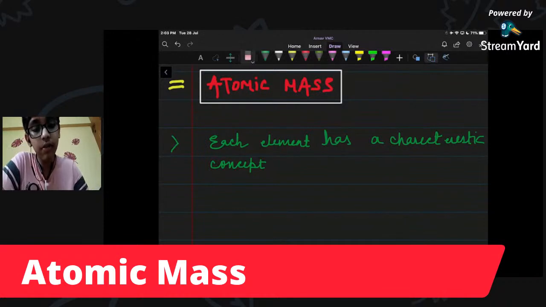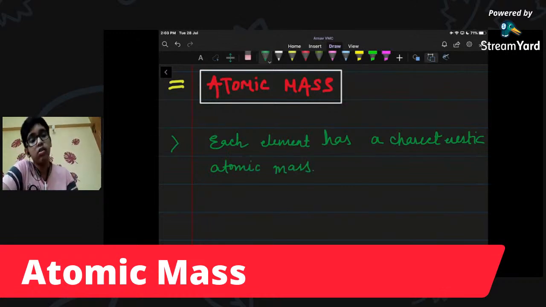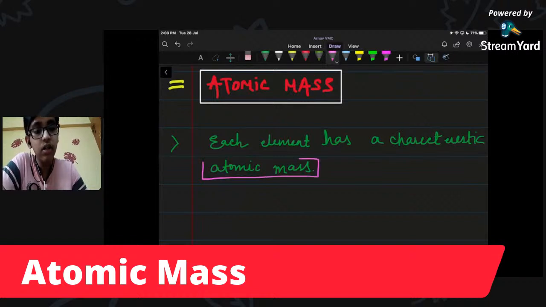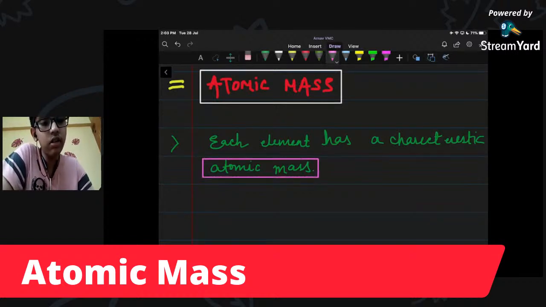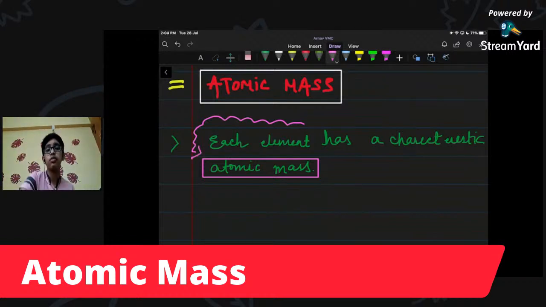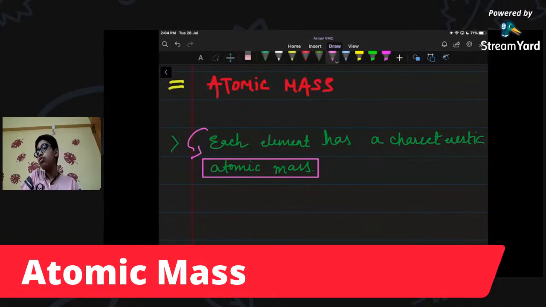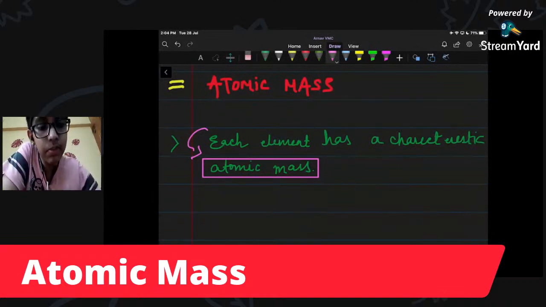Each element has a characteristic atomic mass. This is very important. Each element has it. Each element has an atomic mass. So in earlier times, I will write it.